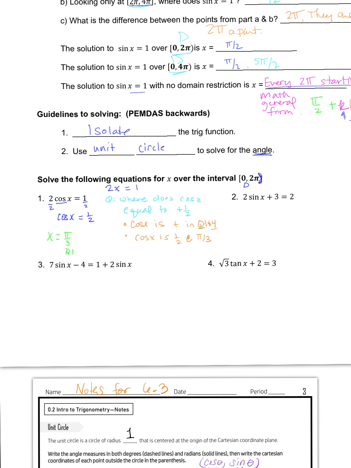And if it's in the 4th quadrant, we take the denominator, multiply it by 2, so 3 times 2 is 6, and then subtract 1. So that will give us 5 pi over 3. And that's in quadrant 4. These are the 2 possible answers to where the angle will give us 1/2. These 2 right here.